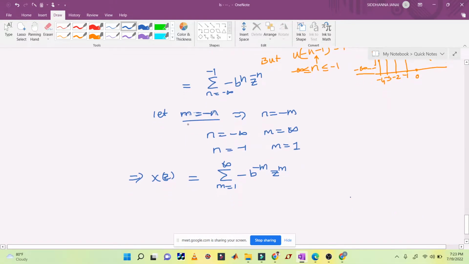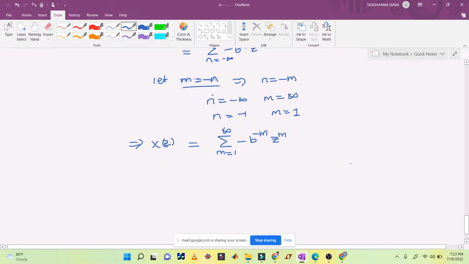I've just substituted m is equal to minus n. Now m is from 1 to infinity. This is somewhat tricky. Here we have a formula: summation m is equal to 0 to infinity a to the power n can be directly written as 1 divided by 1 minus a. This you know. But here it is from 1 to infinity.